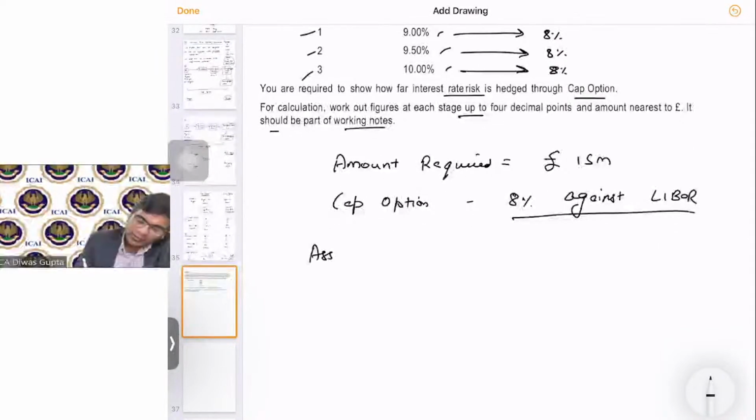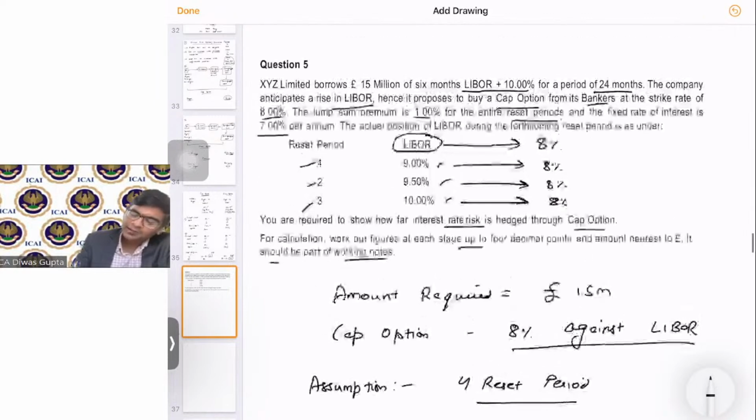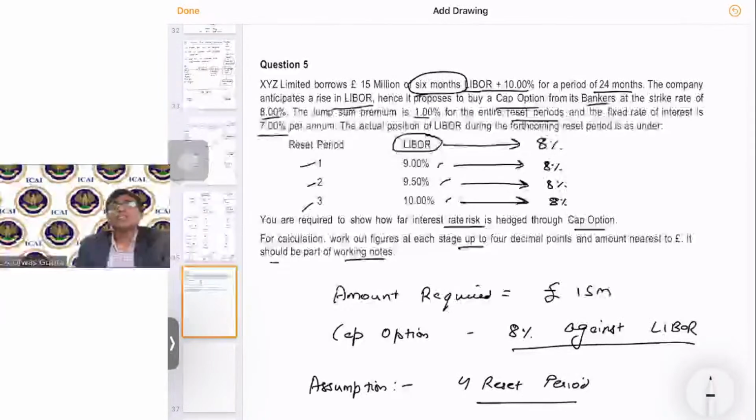And I am just putting an assumption here. I'm assuming that there are 4 reset periods, although the data is only given for 3 reset periods. But since the question is also specifying 6 months LIBOR, it is safe to assume that there are 4 reset periods of 6 months each, because it is for 24 months.